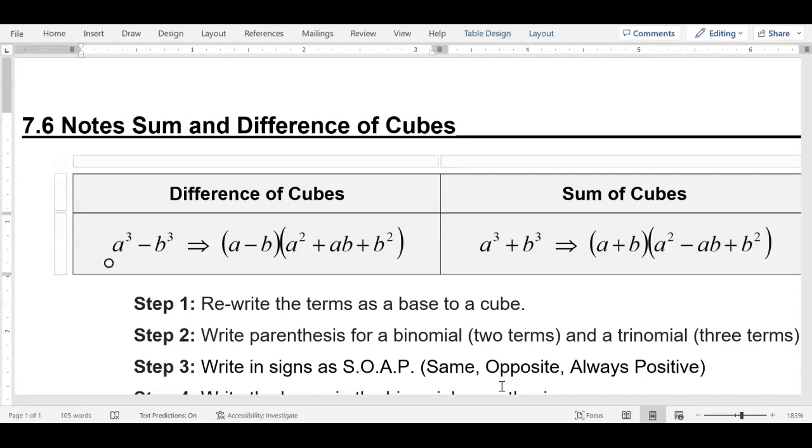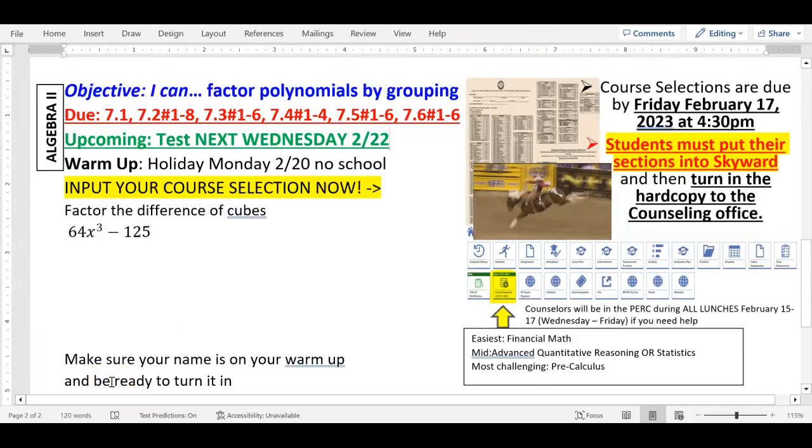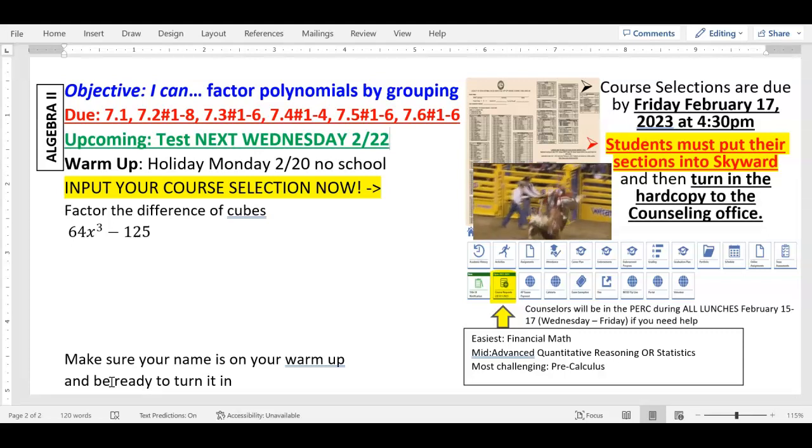So on our warm-up, the question is, which one of these should we use? What do you see here in the middle? It's a minus sign, so we're going to use the difference of cubes if they are cubes.